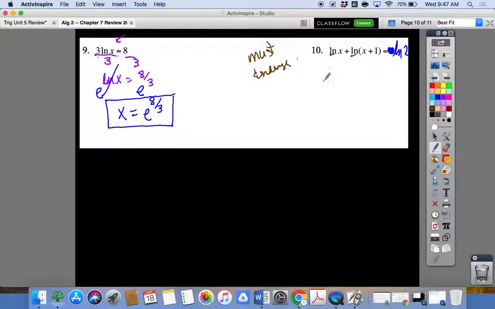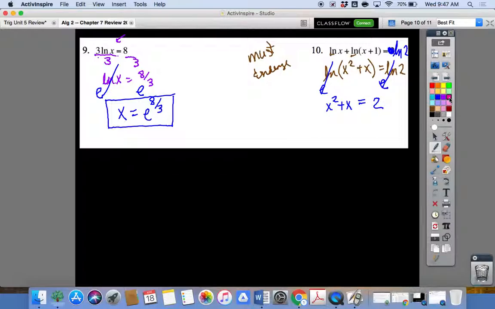Okay, so when you condense this, we got ln, and that's a plus sign, so I need to multiply. X times x is x squared, x times 1 is x. All right, so now again, I got to get rid of ln, so I'm going to pull out the e. When I do that, that's going to cancel here, and I get x squared plus x. Well, look at there. It cancels on the other side.